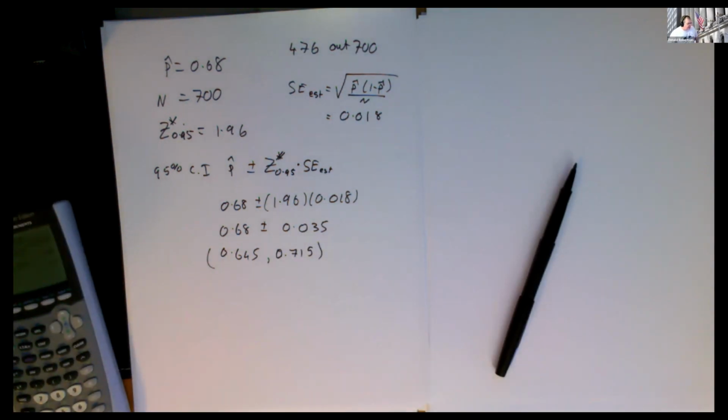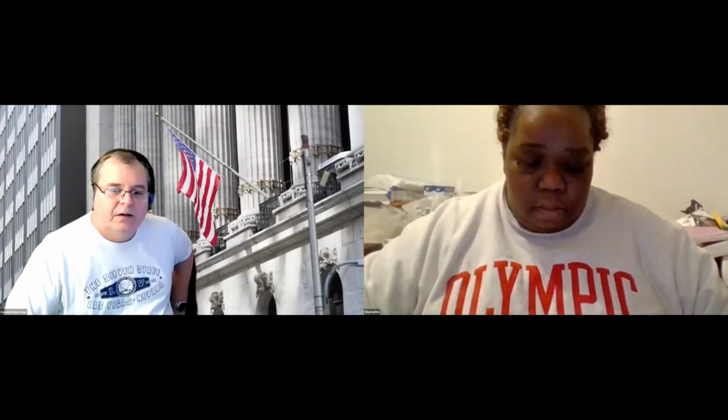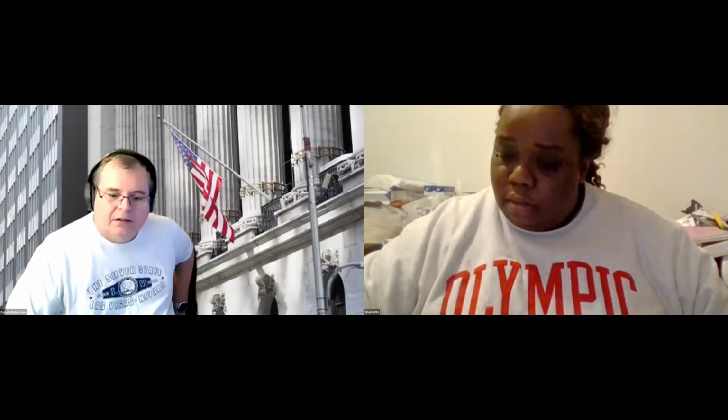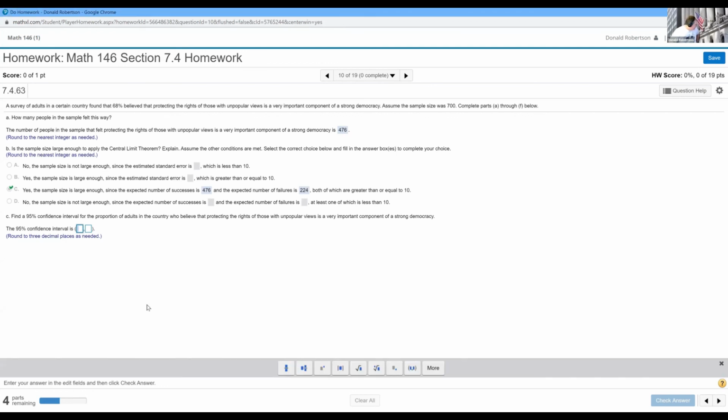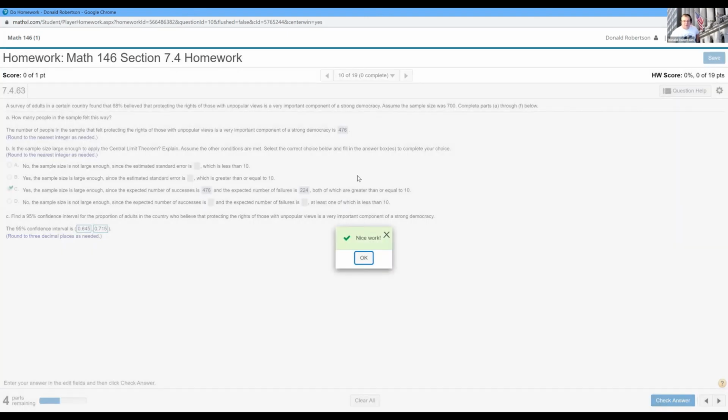So let's do a check on that. So we believe that the confidence interval is 0.645 up to 0.715. And unless I screwed up, oh, nice work.